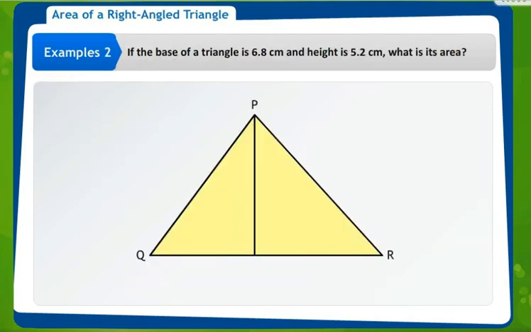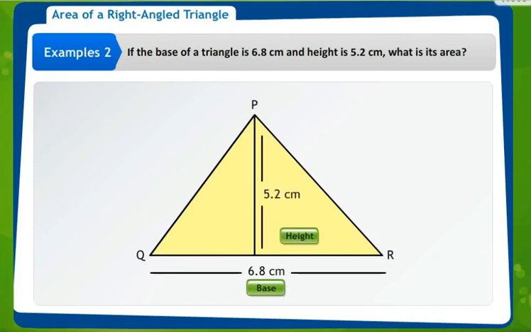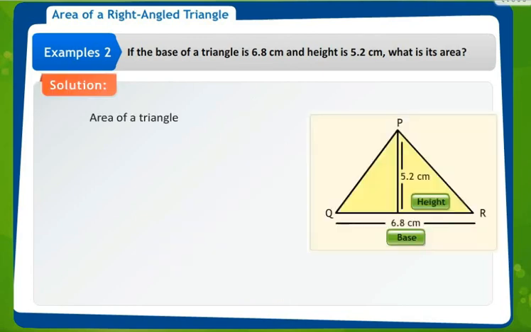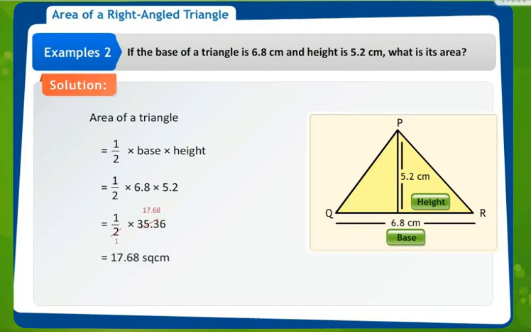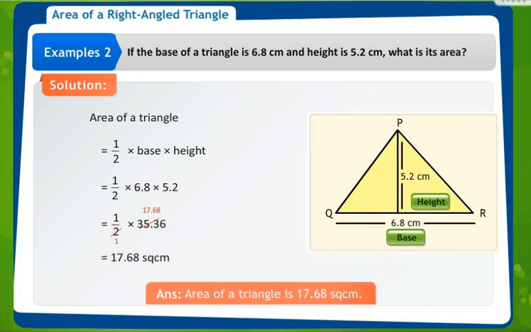If the base of a triangle is 6.8 centimeter and height is 5.2, what is its area? Now area of a triangle, we know, is half into base into height. You can see the base and the height of the triangle. So area of a triangle is half into base into height, which is equal to half into 6.8 into 5.2, which is further equal to half into 35.36, which is further equal to 17.68 square centimeter.